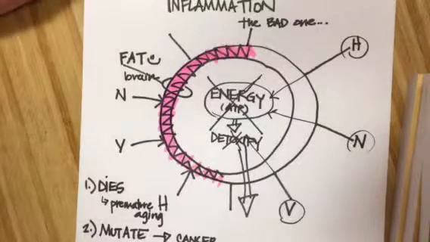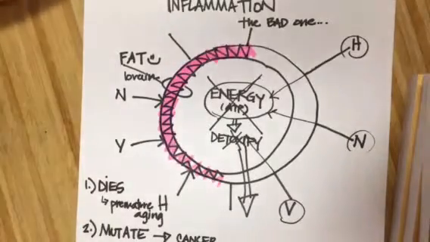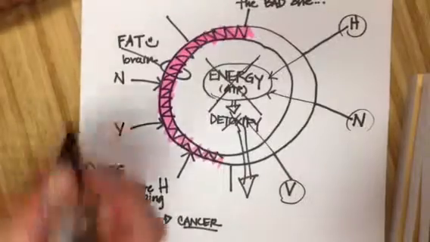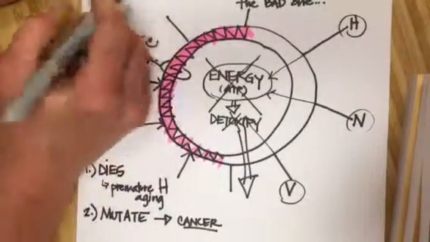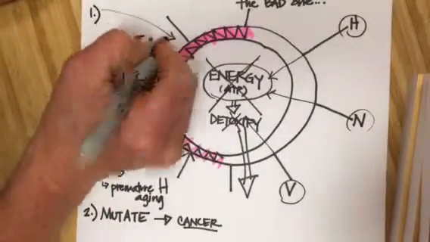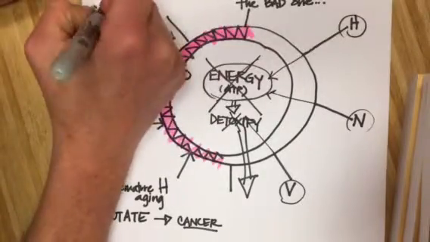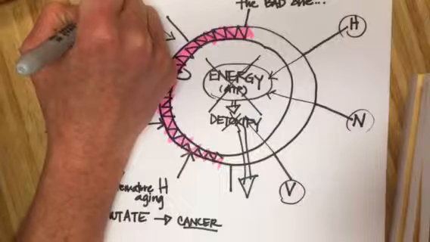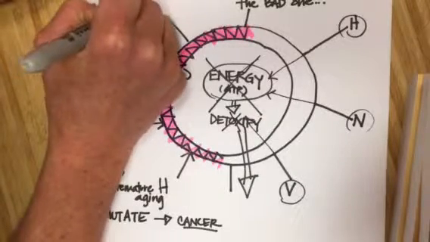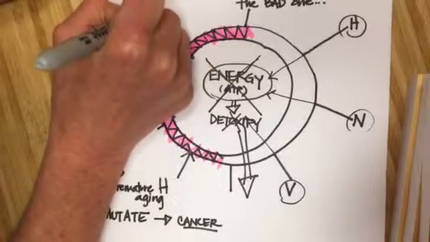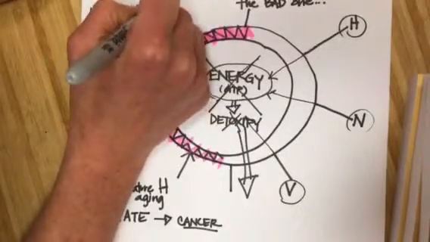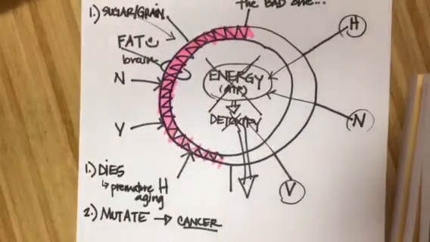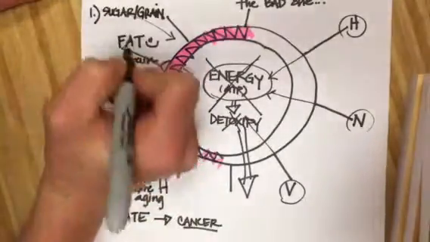Now, what are the three main contributors to this inflammatory process? Number one, I'm letting you guys think. We're going with sugar and grain. Sugar and grain, number one contributor.